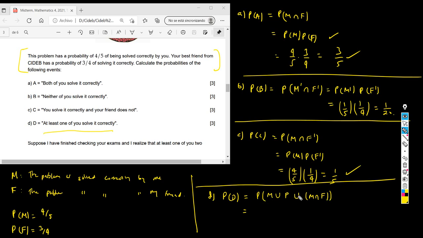We have a double union, and we're going to be using this formula. P of A or B is equal to P of A plus P of B minus P of A and B. If you notice, guys, this formula makes use of only two events. It's the union of two events. In this case, we have a double union, which is much more complicated.